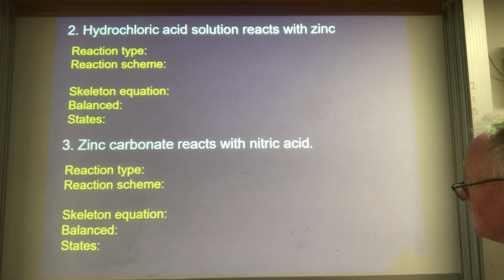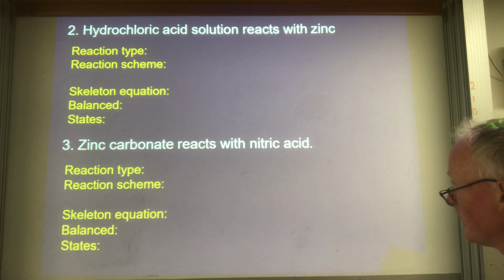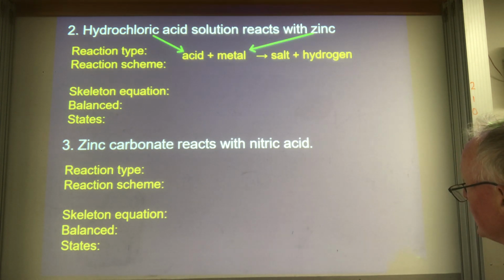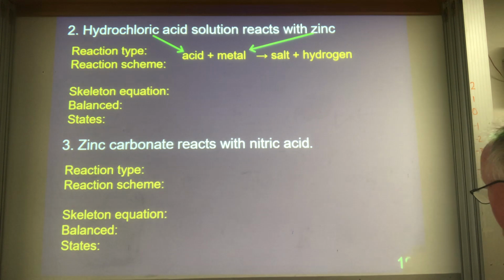Next one, HCl, hydrochloric acid reacting with zinc. Okay, HCl is clearly an acid. Zinc is a metal, so this is acid plus metal, and we know the scheme goes, acid plus metal gives salt plus hydrogen gas.